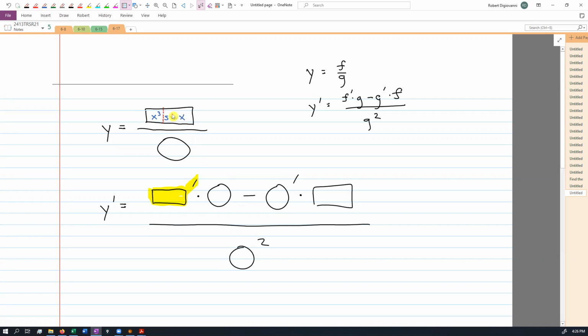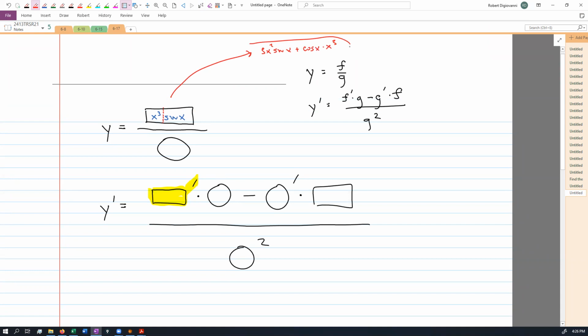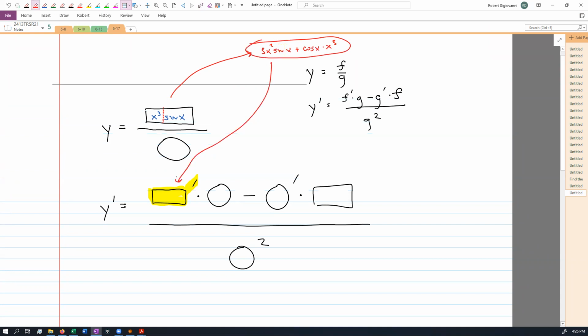So when I go to take the derivative of this, I have to use the product rule, which is like a separate problem. And you do that, you get 3x squared sine x plus cosine x times x cubed. But that is the derivative of the top. So that gets slapped in right here. You don't have to take the derivative again. That is the derivative of the top.